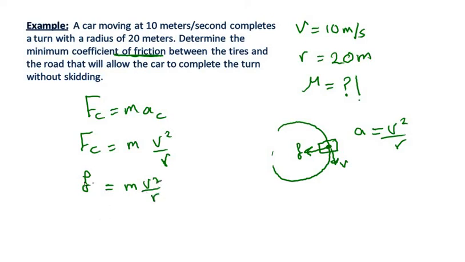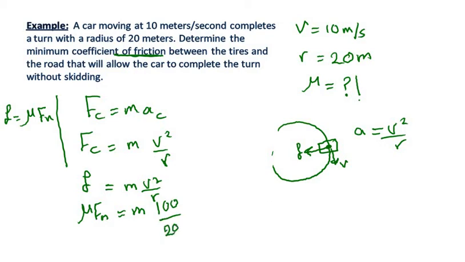The friction force is calculated using this formula, mu times Fn, or the normal force. So this is mu times Fn. The mass is unknown. V squared is 10 squared, it's given, which is 100, over the radius of the path, which is 20 meters.